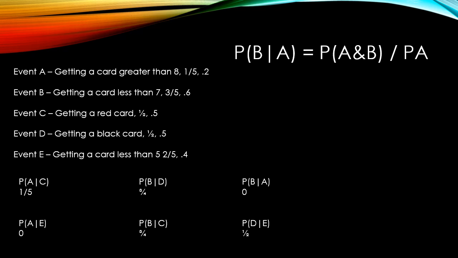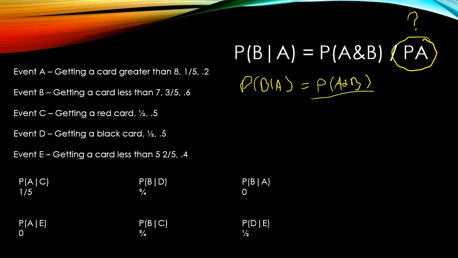Similarly, if we're asked to find the probability of A, if that's our question mark, right? And we have the other two pieces of information, we can solve for that. So we'll take probability of B given A equals probability of A and B together, all divided by our question mark that we're looking for. Now for this, we have two equivalent fractions, and we can use the bow tie method and solve for it.